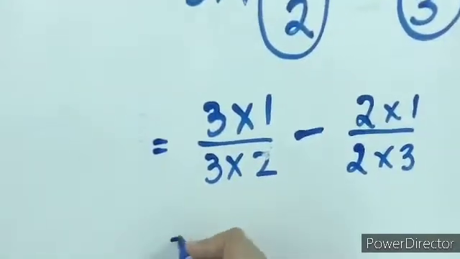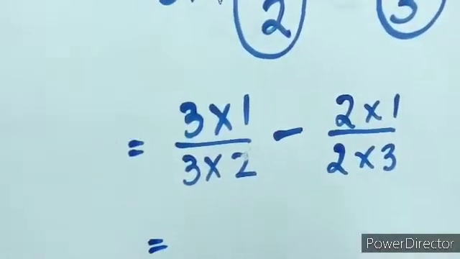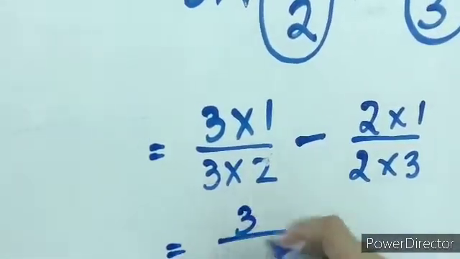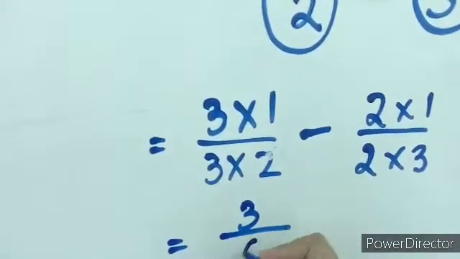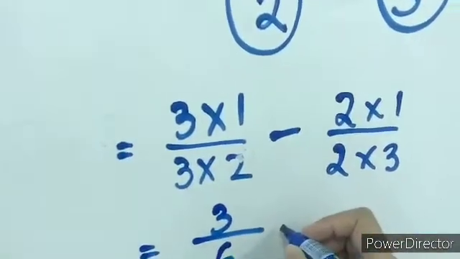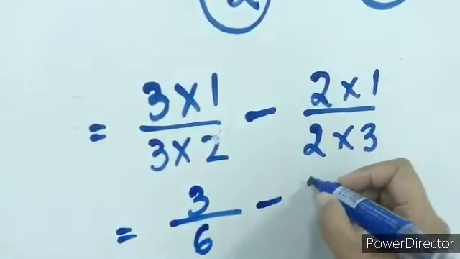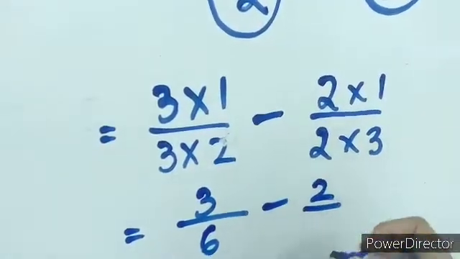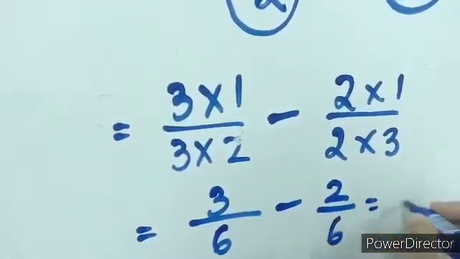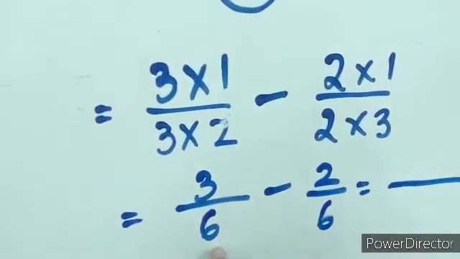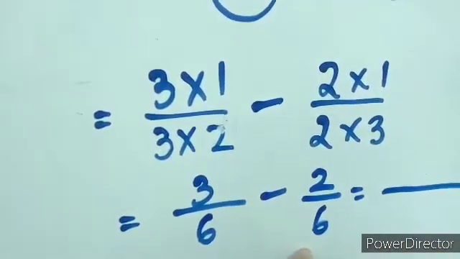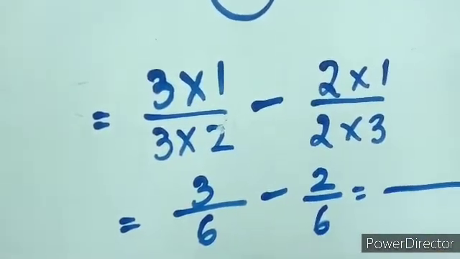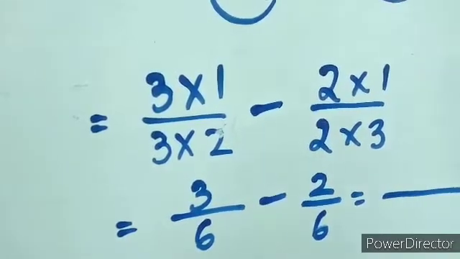Now solve. 3 ones are 3. 3 twos are 6. What is the sign? Subtraction. 2 ones are 2. 2 threes are 6. Now subtract. See, both denominators are the same. Now you will subtract it as a like fraction.